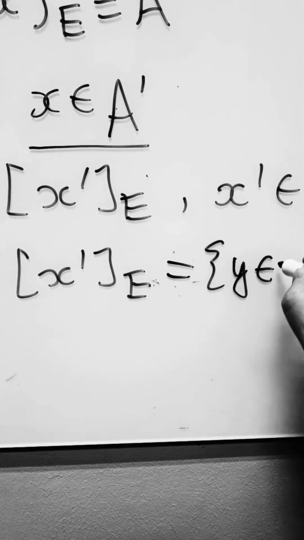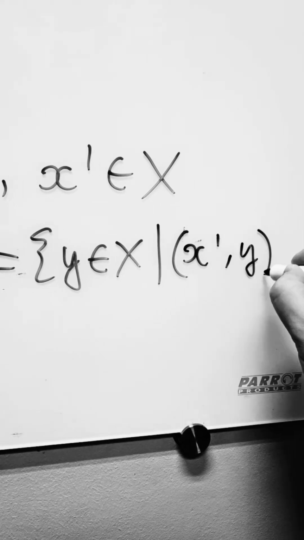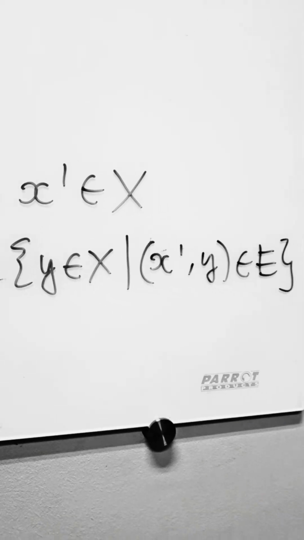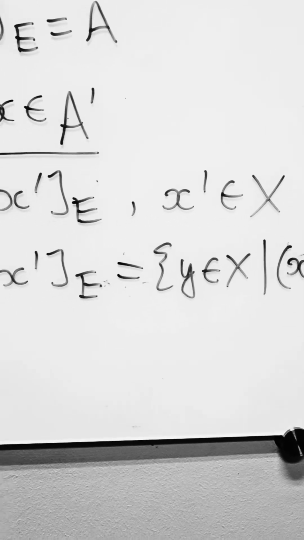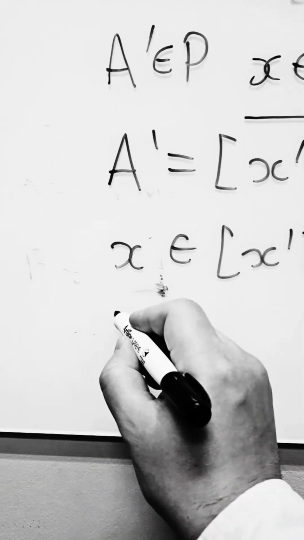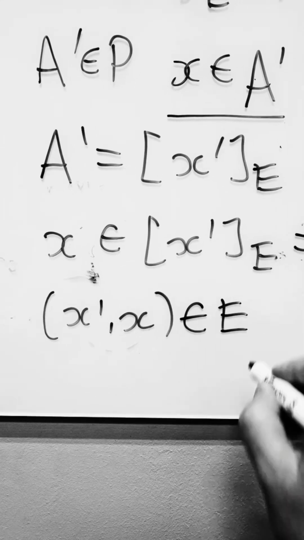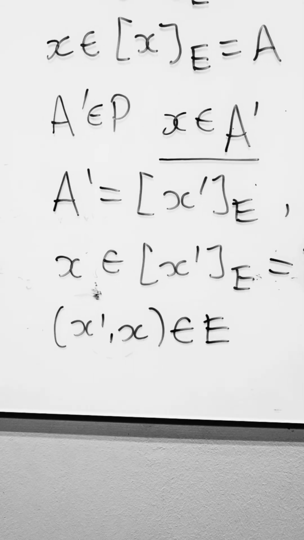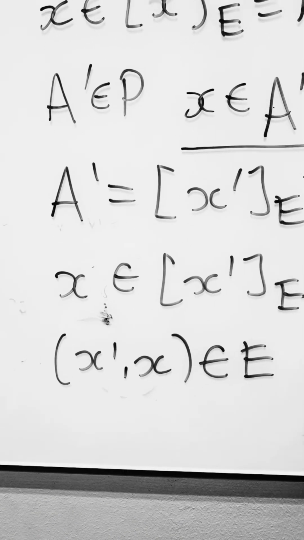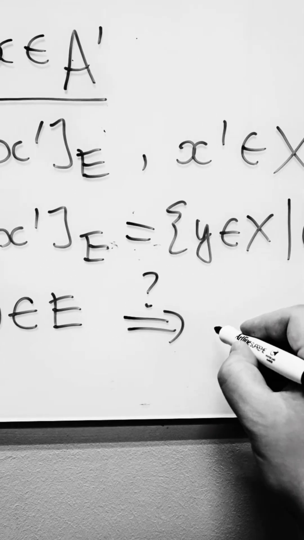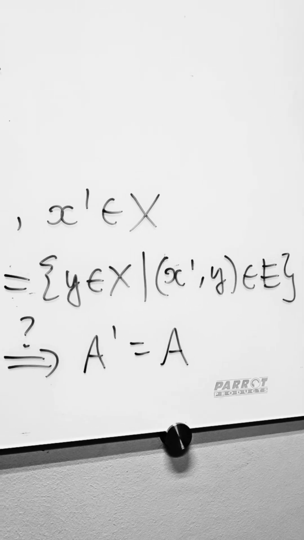It's the set of y's in X such that the pair X prime Y is in E. Small x being one of those y's implies that X prime X is in E. Somehow this should imply that A prime equals A. Let's see how this is possible.